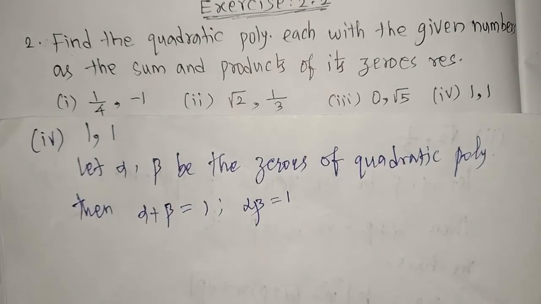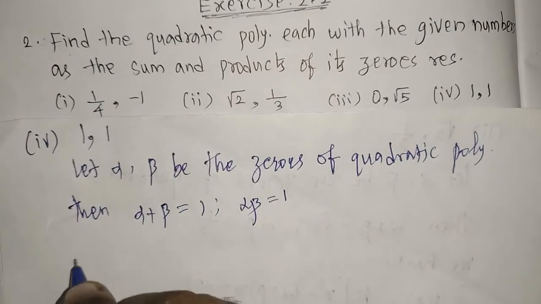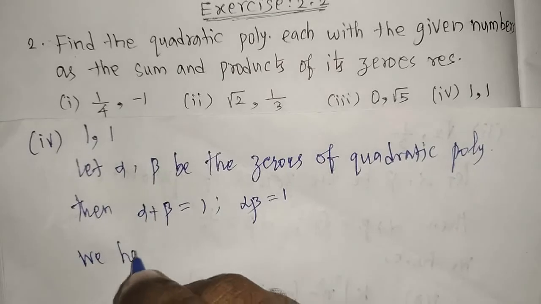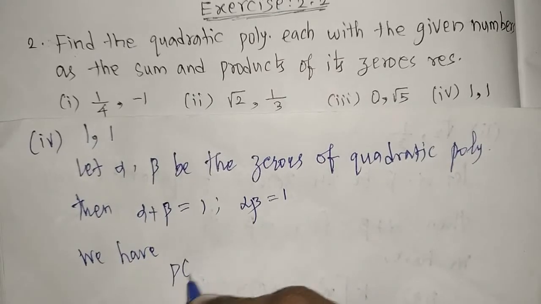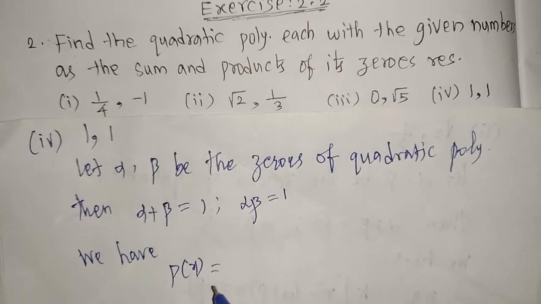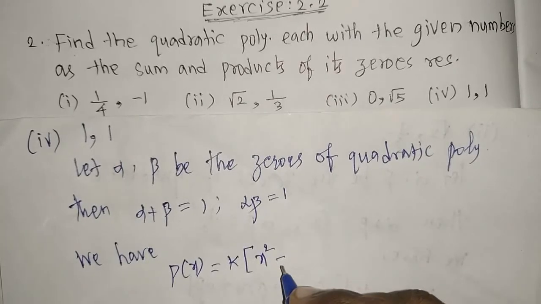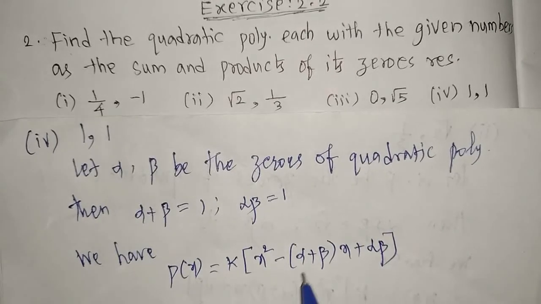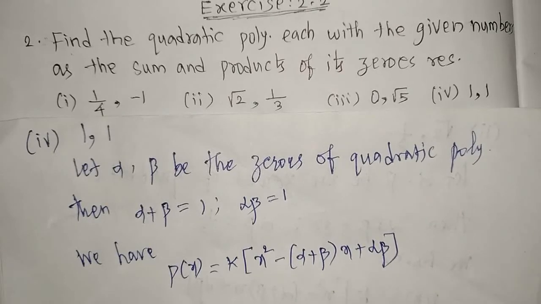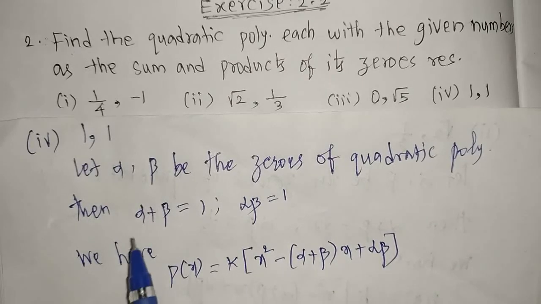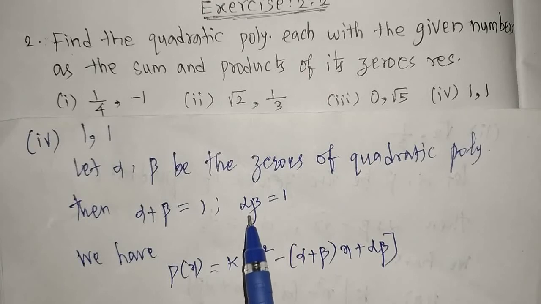Now we have to write the standard form of the quadratic polynomial. So we have p of x equal to k into x square minus alpha plus beta into x plus alpha beta, as I wrote. So we need to substitute the alpha plus beta value and the alpha beta value here.